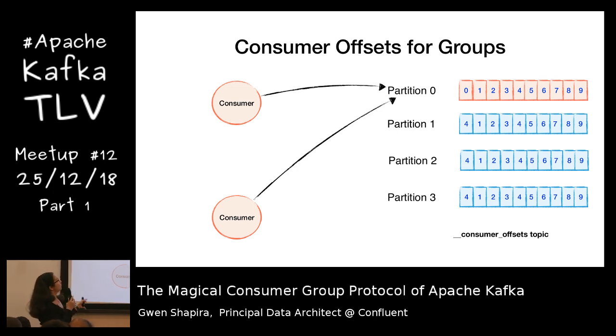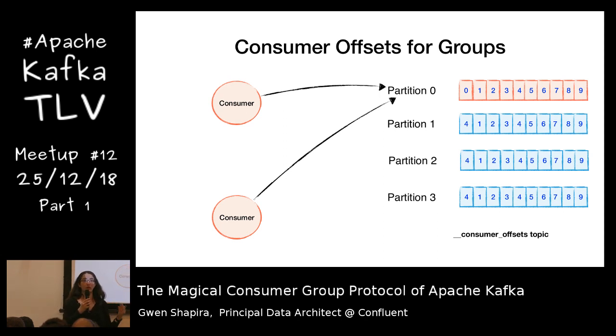Note that when the consumers commit offsets, all the consumers from the group write the offsets to the consumer offset topic, and they all write it to the same partition. Basically, you take the consumer group ID, you hash it, and you find out which partition you're writing to.